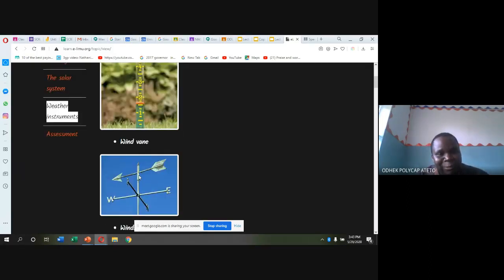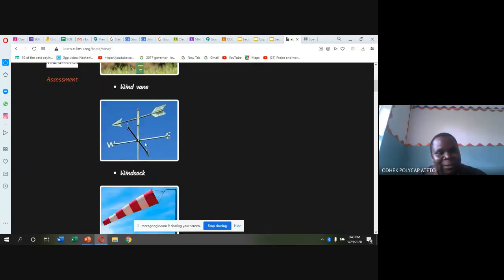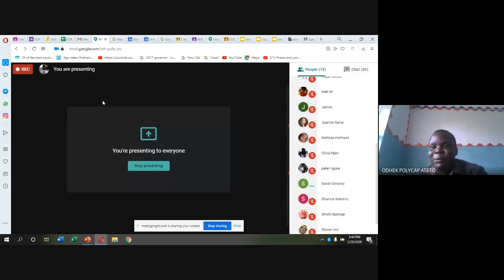So according to me, unless somebody tells me something else, in wind vane, there is nothing we are measuring. We just show the direction. You just tell us wind is going towards east, or west, or south. So I don't think the wind vane works under the principle of matter occupies space, unless somebody has a different opinion.